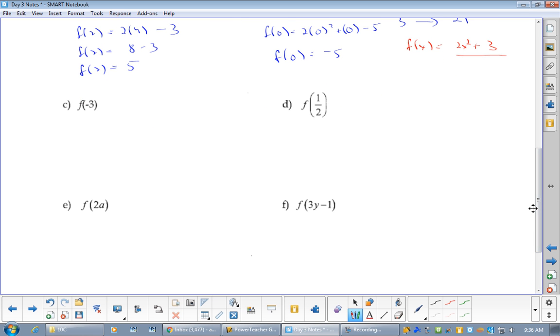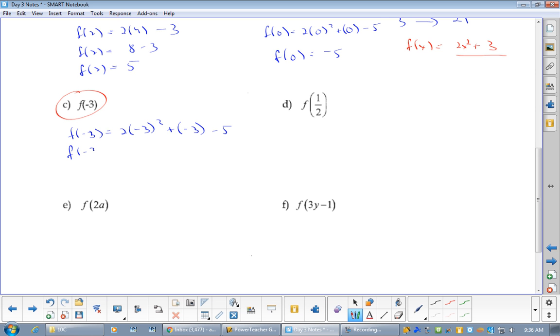Okay, this is a big one. If students do not use brackets, they get it wrong. So f of negative 3 equals 2 times negative 3 squared plus negative 3 minus 5.